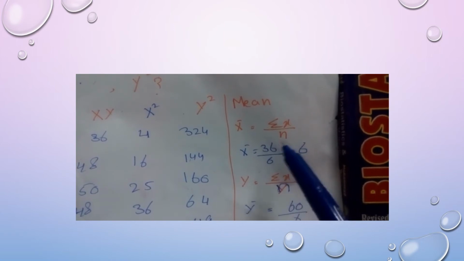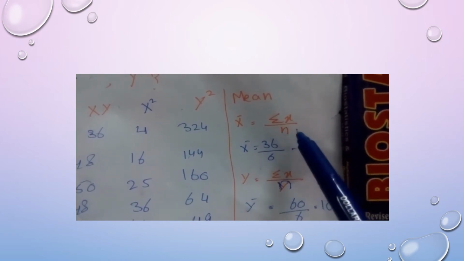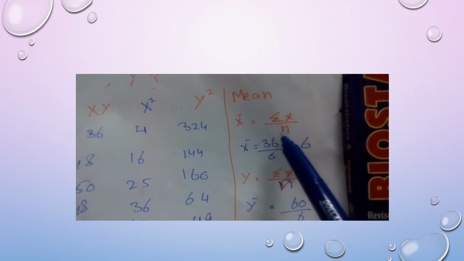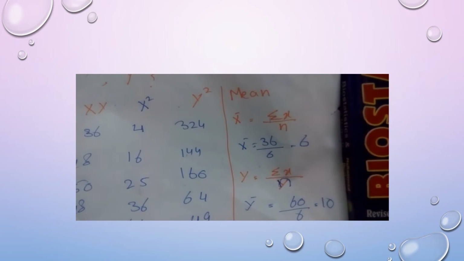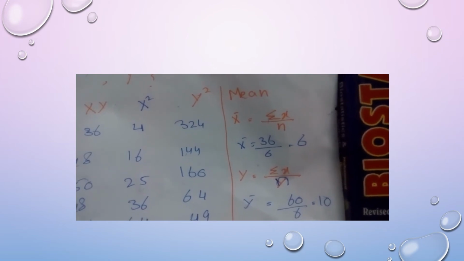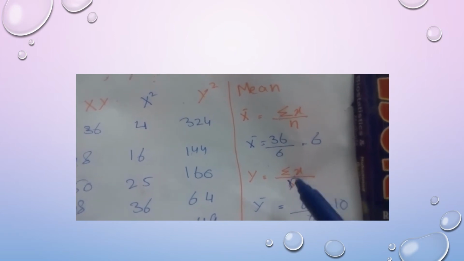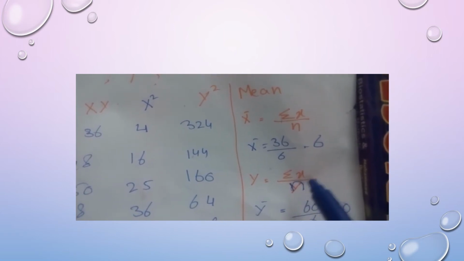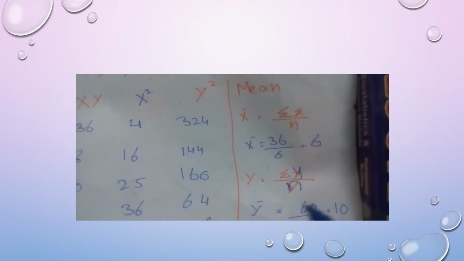This is the mean, x mean, y mean, summation x divided by n. For the mean of x, we take the sum of the x variables and divide it by 6, and for the y, we simply take the sum of the y variables and divide by n.